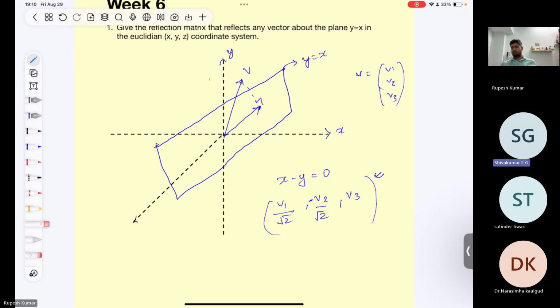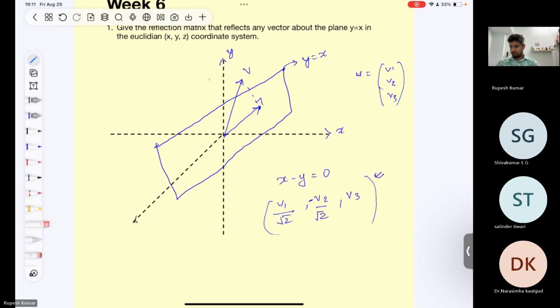And then from the vector v, when you drop the perpendicular, the slope of that perpendicular will be at 90 degrees to the plane.